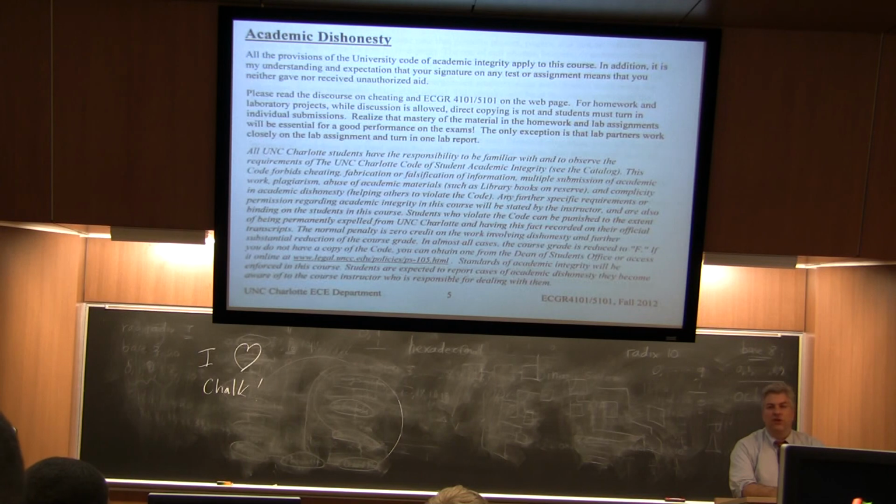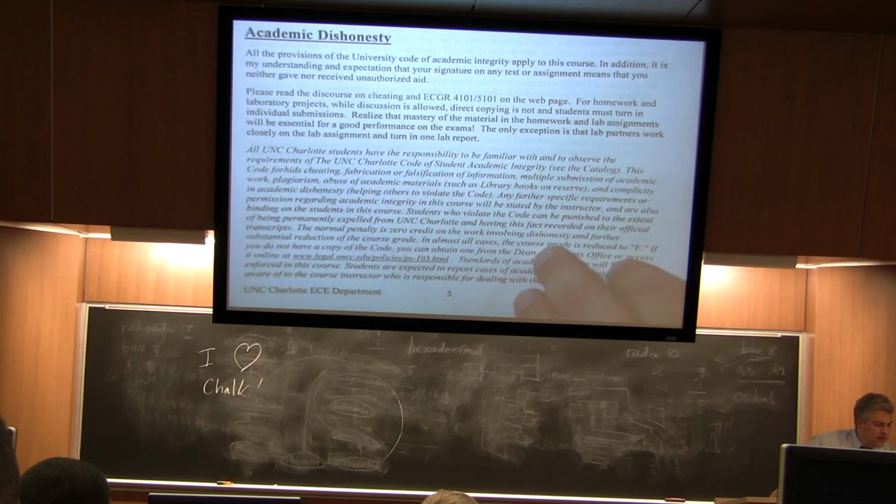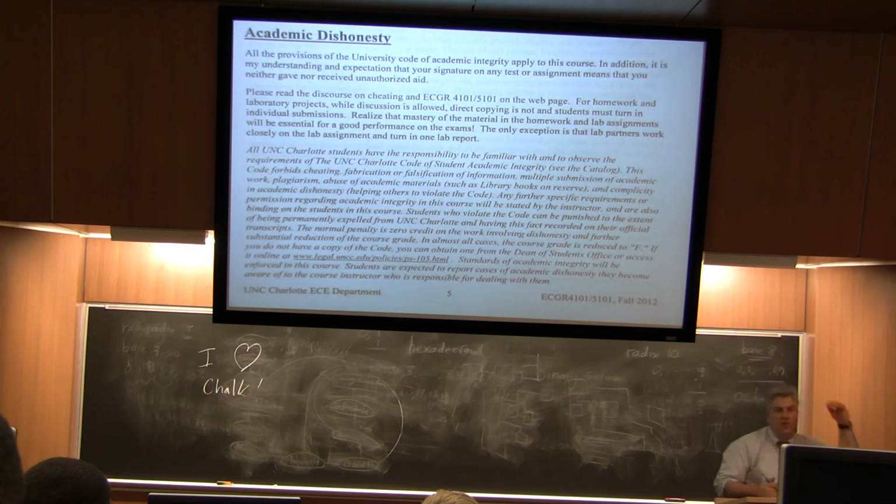In other words, they're sharing code between groups, which is not allowed, and I will let you know that up front. And in fact, I'll go into great detail of what is and what is not allowed. While you may work together on homework assignments to discuss concepts, when you put pen to paper, your homework assignment should be your own. Or when you put finger to keyboard, all right?